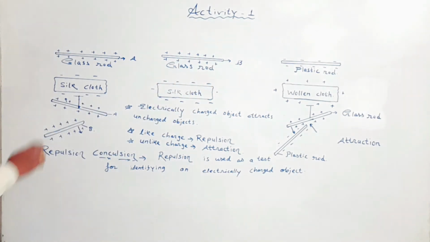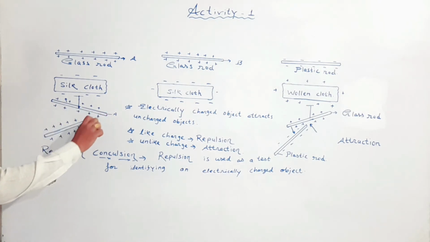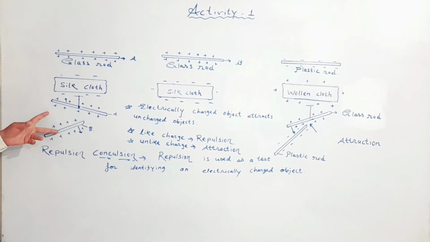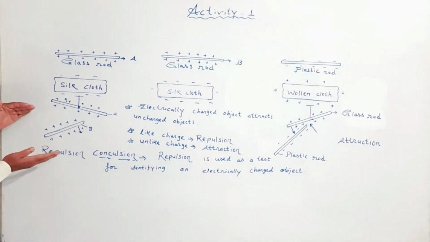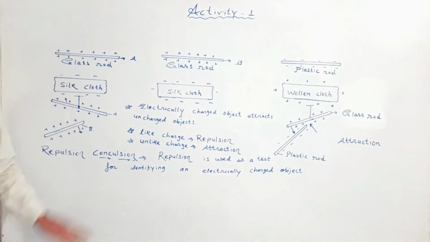You will see that both glass rods A and B have the same charge, that is positive charge, and when brought close to each other, they try to move away from each other.